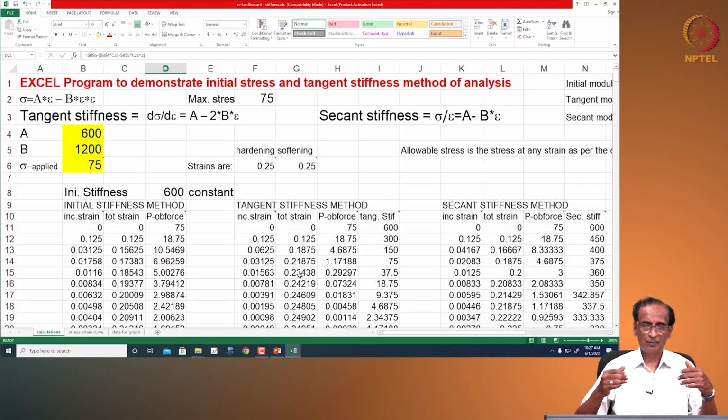situation, in some problems we might use initial stress method, and tangent stiffness we should be very careful, because in most cases the solutions will simply diverge, because our denominator becomes smaller and smaller with each load increment, and then at some point the denominator might become so small that your displacements could be very large.